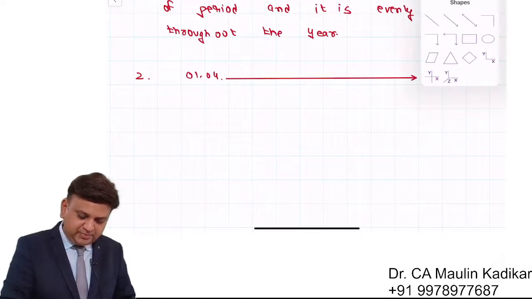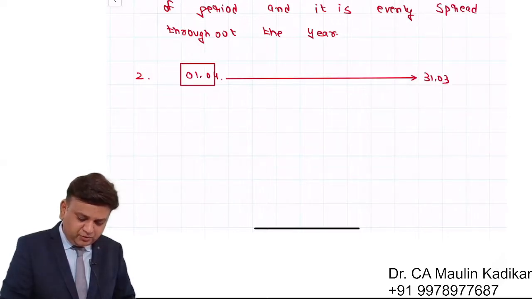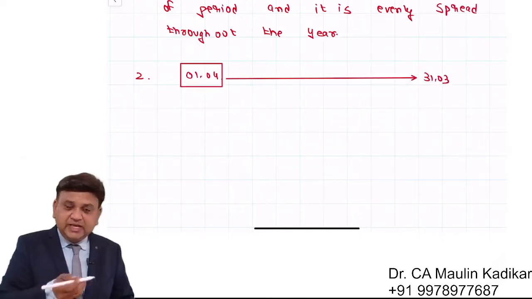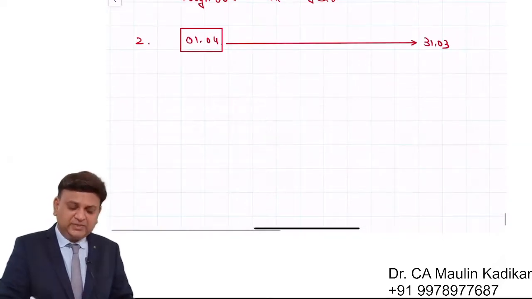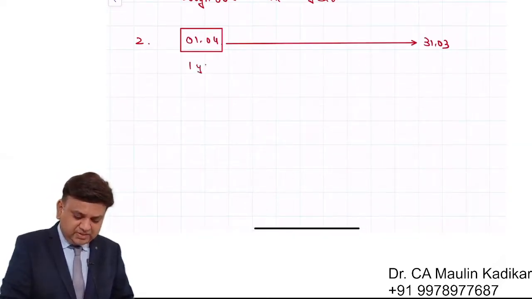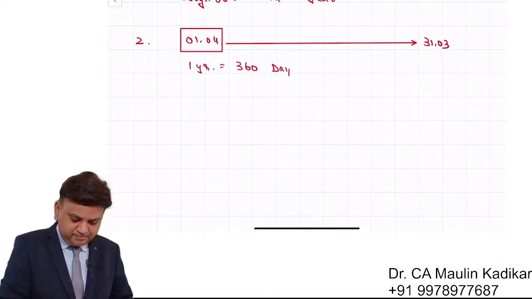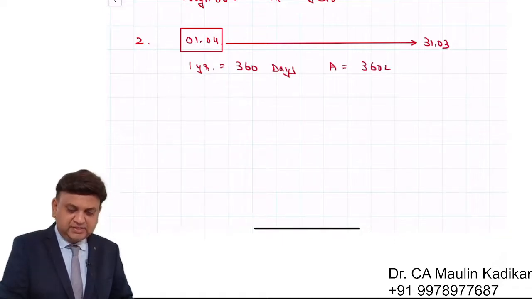Then on 1st of April itself, you will be able to forecast that during this entire year, what will be my expenses. Suppose for example, one year is consisting of 360 days and the annual expense of the company is 360 lakhs.